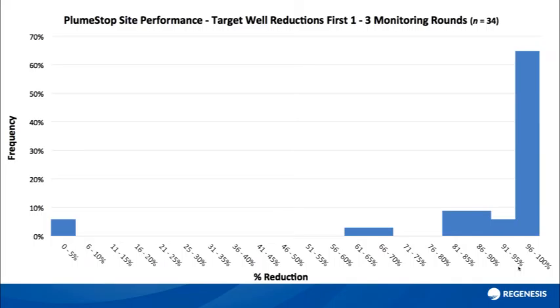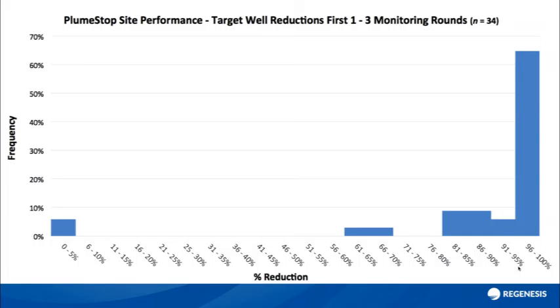This is the reductions in concentration in the target wells over the first 1 to 3, the first 3 monitoring rounds or so. So this is typically within the first month to the first 3 months, depending on the monitoring frequency. The x-axis along the bottom shows the percentage reduction secured.